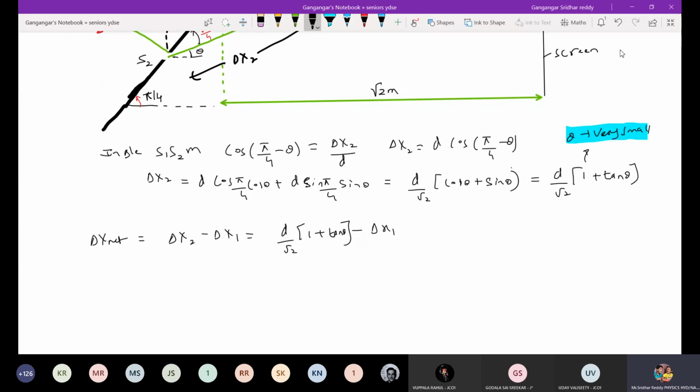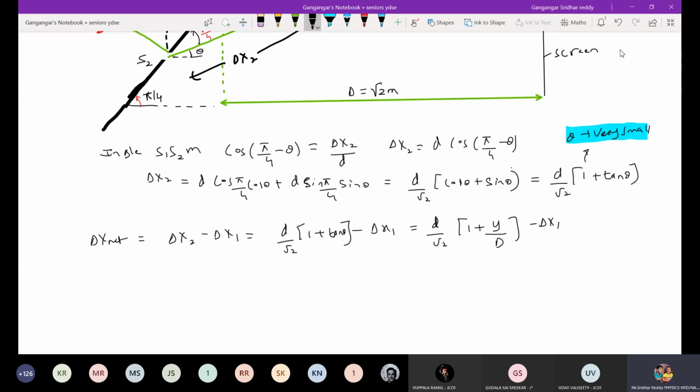Tan theta, can I write it as y by D? D by root 2, y by capital D. D is this one.